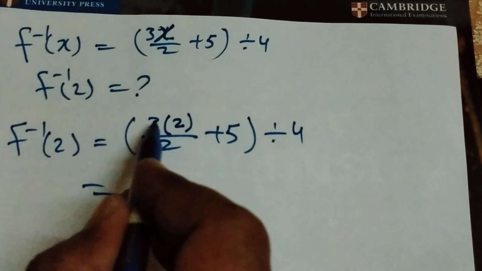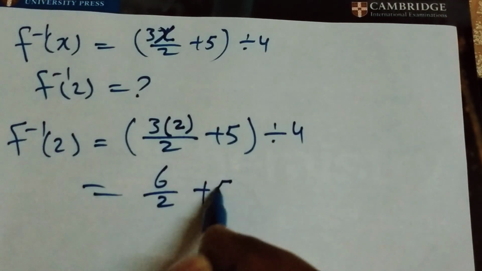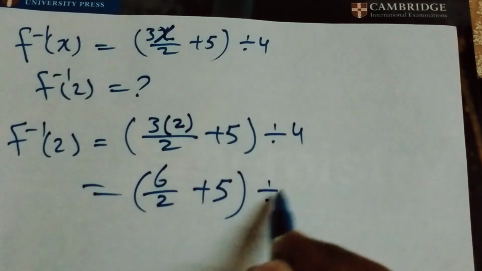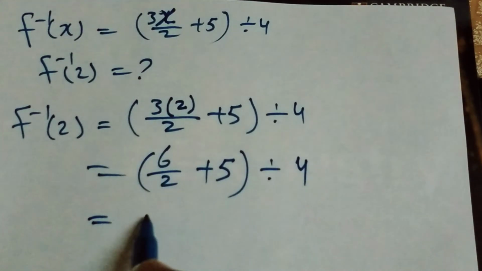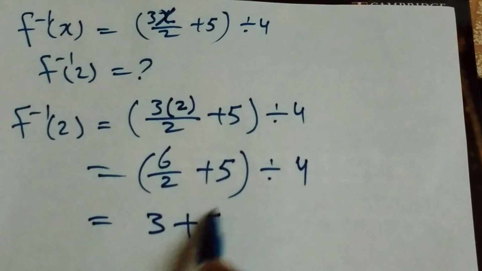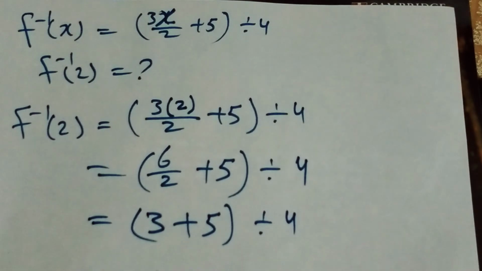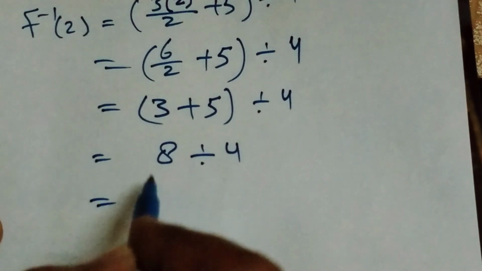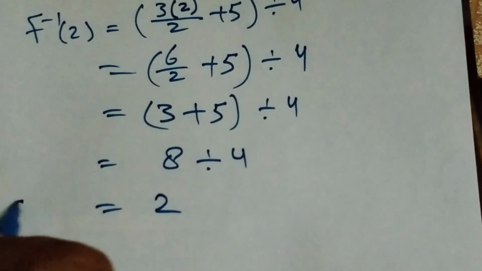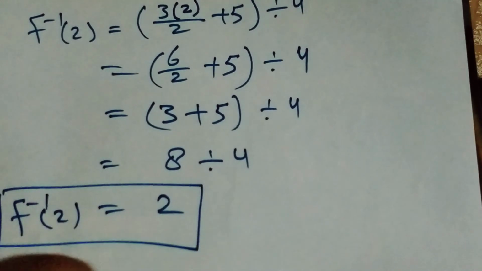So 3 multiplied by 2 is 6, divided by 2, plus 5. We are just calculating, it's very simple. 6 divided by 2 equals 3, plus 5, divided by 4. 3 plus 5 equals 8 divided by 4. So 8 divided by 4 equals 2. F inverse of 2 equals 2.